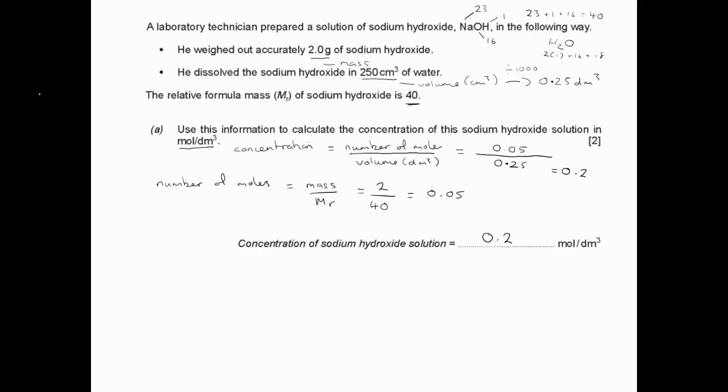Right, so the last thing I'm going to do is, if we were given this question, what would it be in grams per decimeter cubed? Sorry, excuse my dodgy line.